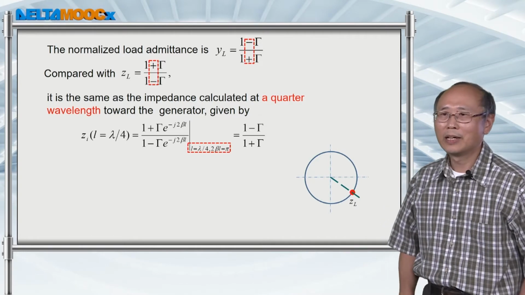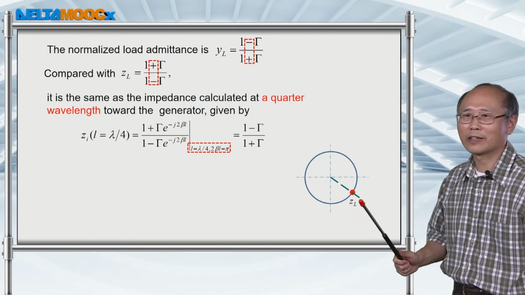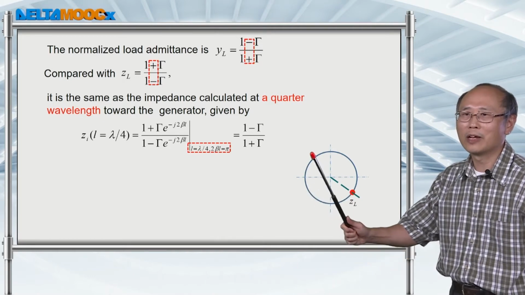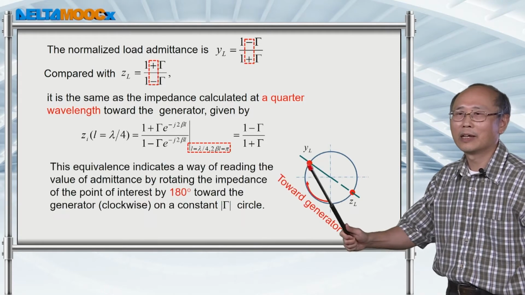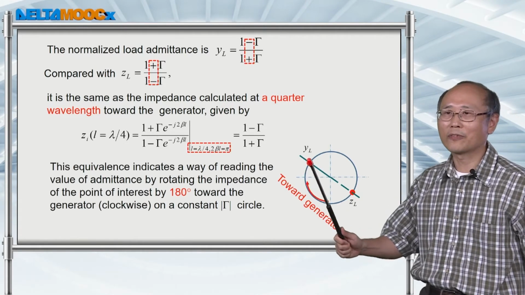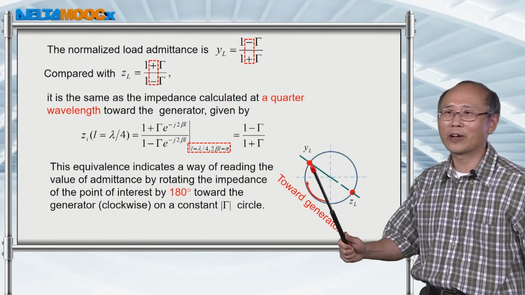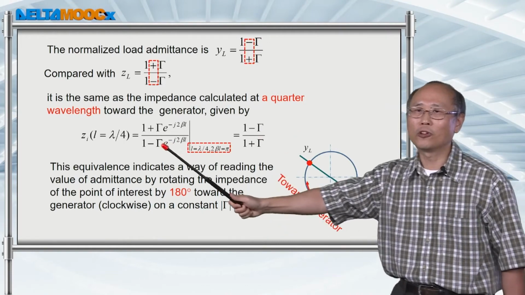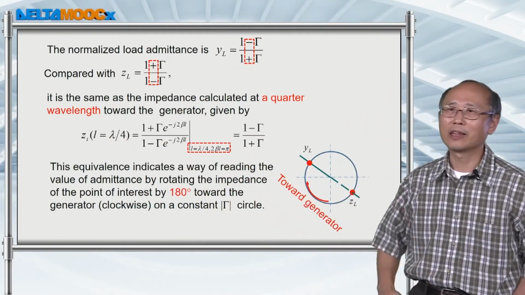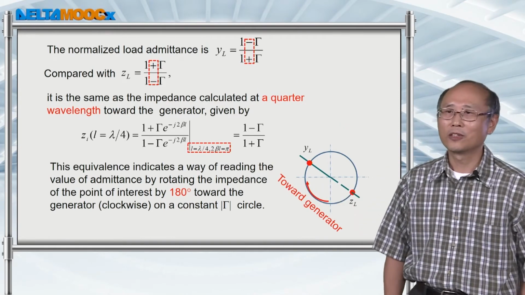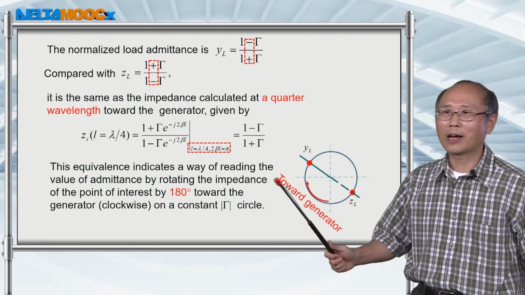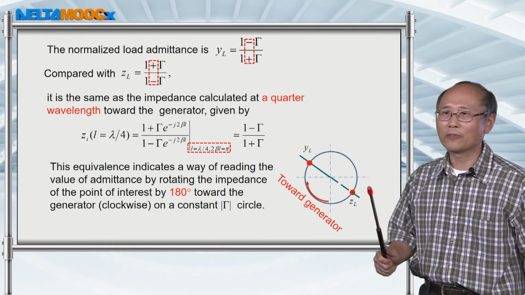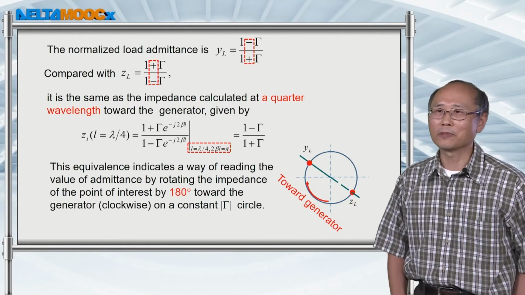So this means that given a load point on the Smith chart, if you just move toward the generator by 180 degrees, then the value of y_L can be read from this Smith chart, because you create the same expressions for the impedance and the admittance. This is the way you find the corresponding admittance values from a given impedance value.